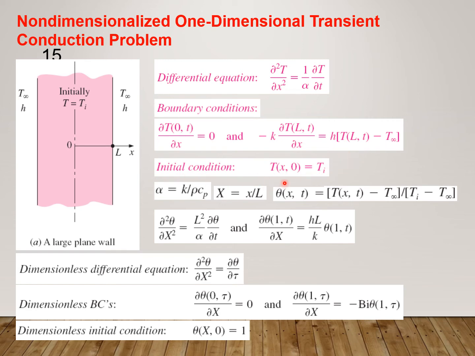The initial condition we took as T of x, 0 equal to Ti. So alpha is equal to k upon rho c p.